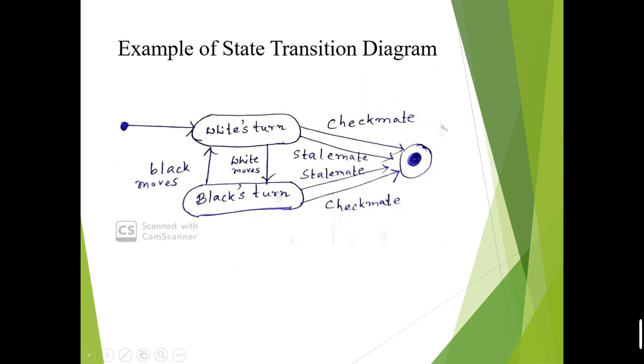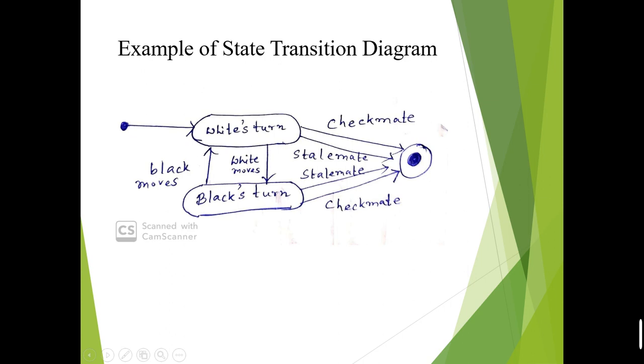Next, I have taken an example of a state transition diagram. It is a state transition diagram for a chess game that I have represented. It is the starting state and it is the ending state. And these all are the different states. It is actually the white stand, it is the black stand. So if the black moves, then it will go to the next state.